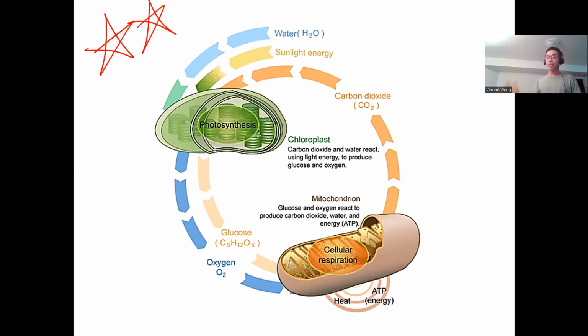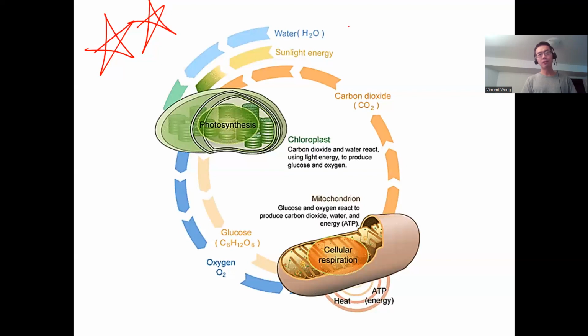So mitochondria are found in both animal and plant cells, right? Whereas the chloroplast are only found in plant cells and not in animal cells. But the two are related, because for the reaction that takes place in mitochondria, cellular respiration, the ingredients, the reactants, are the products of photosynthesis.